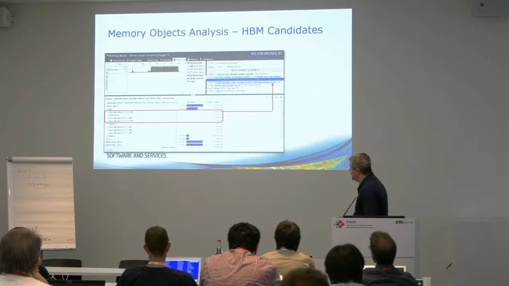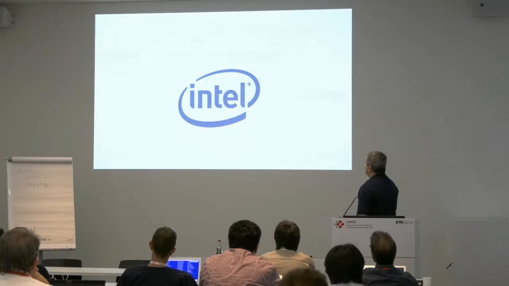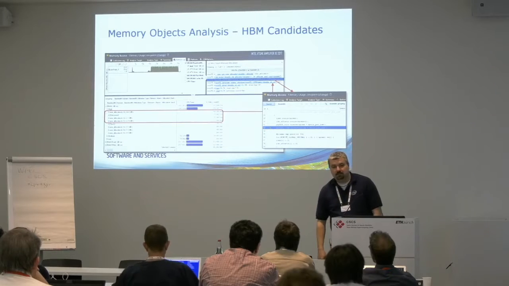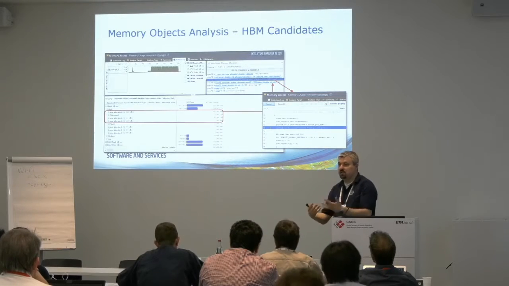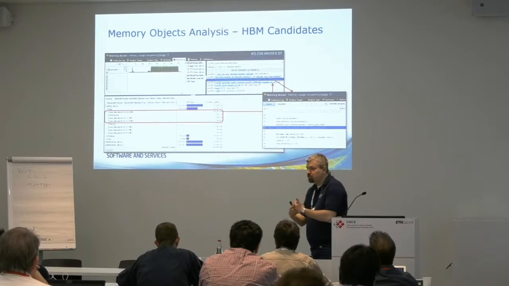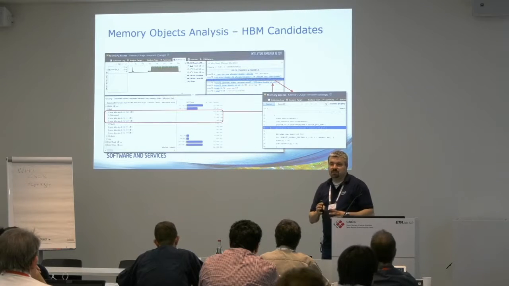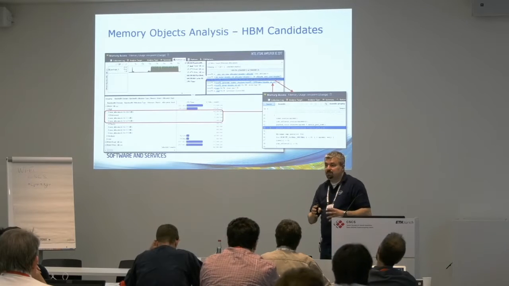Okay? The other thing that you can do with that analysis on a Xeon is you can try to find if this is a good HBM candidate. Right? Because this is a data structure that is causing a lot of cache misses. So you should probably do that optimization and move that data structure into the MCDRAM so that you still get the last level cache misses.